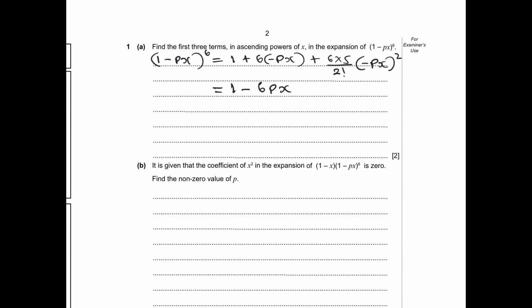So that we should bear in mind. Now in this case, that becomes a positive, so we are going to have 15p squared x squared.